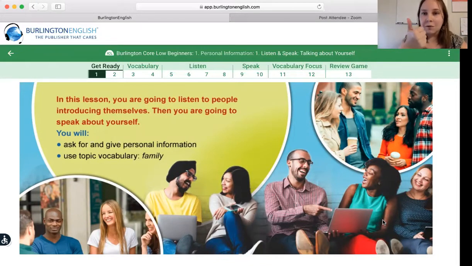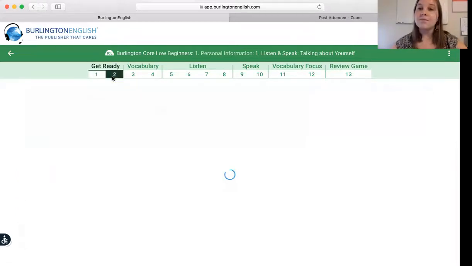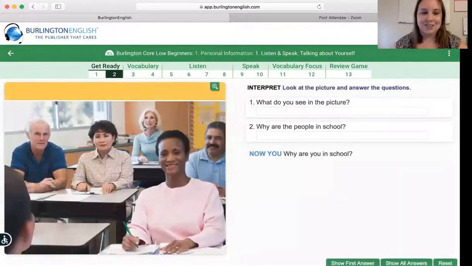All right, so we're going to be doing some listening this lesson as well. So we're going to look at some vocabulary and do some listening. So let's look at a picture. We love pictures, right? What do you see in this picture? Okay, good. So there are people, there are 2 men, and there are 3 women.